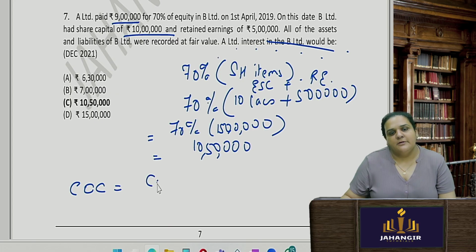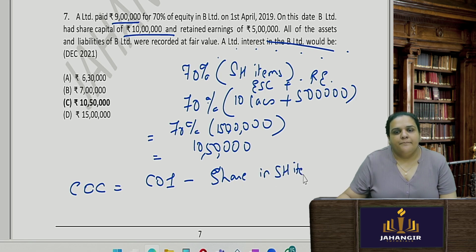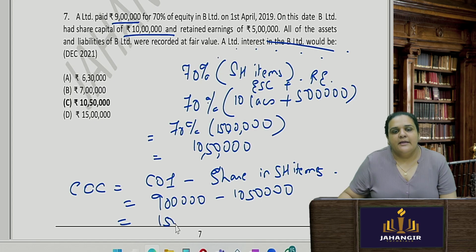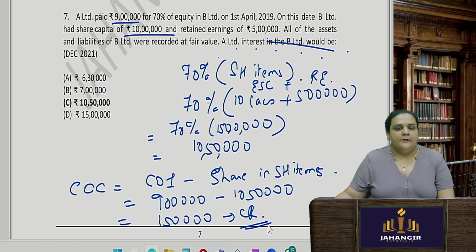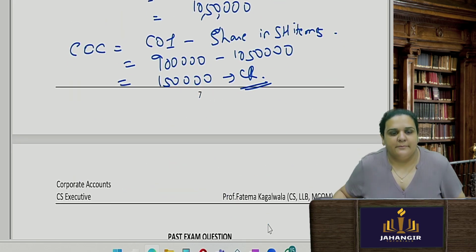So I would have said cost of investment minus this share in the shareholders' items or share in the net assets. Cost of investments, they have given me 9 lakhs. 10 lakh 50,000. So it will be 1 lakh 50,000 of capital reserve, in case I had to put some addition to the question.